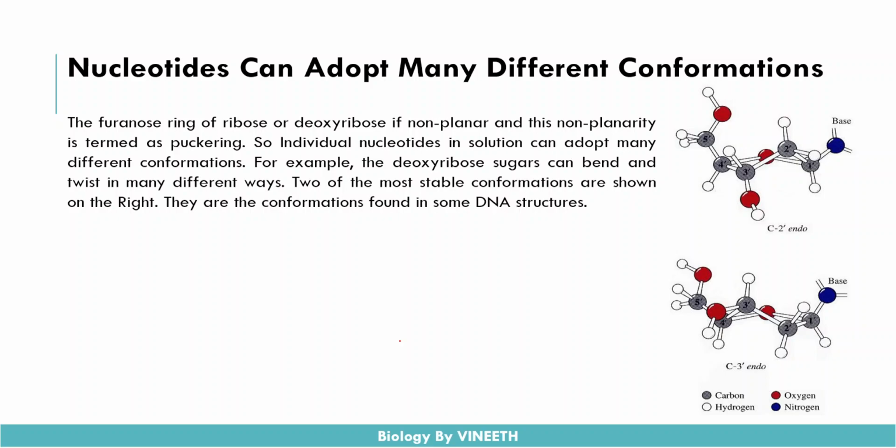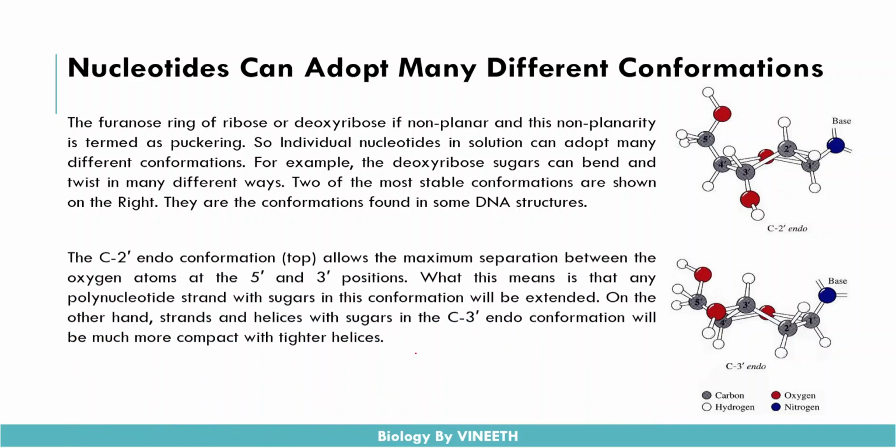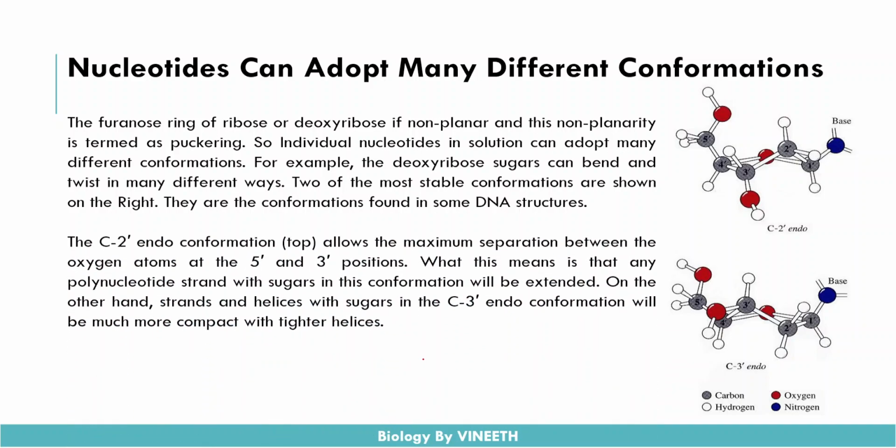Due to this puckering, not all the atoms lie in the same plane, but some atoms will differ out from the plane, and may exist as endo or exo conformations. So what are these conformations, we'll see. The furanose ring of the ribose or deoxyribose is non-planar, and this non-planarity is termed puckering. Individual nucleotides in solution can adopt many different conformations.